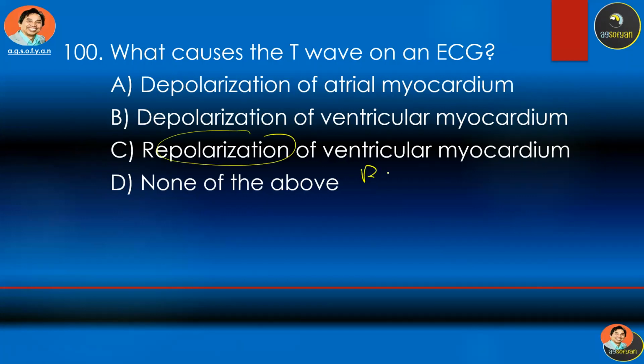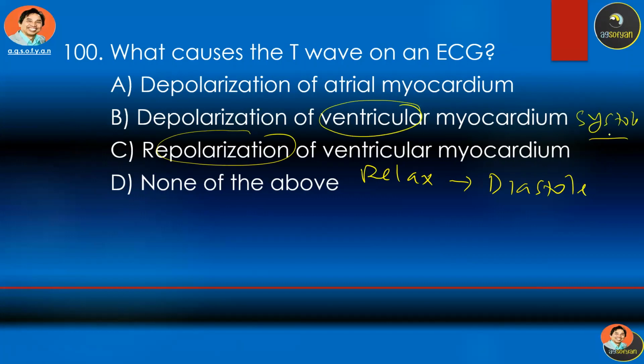So relaxation is the same as diastole. The contraction of the ventricles is systole, and relaxation of the ventricles is diastole. So that's the heart cycle, systole and diastole.